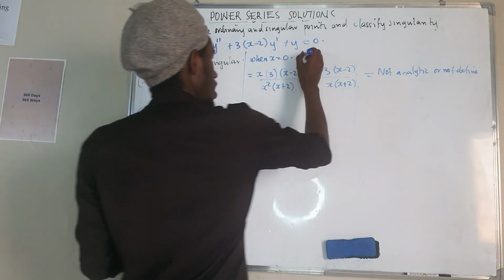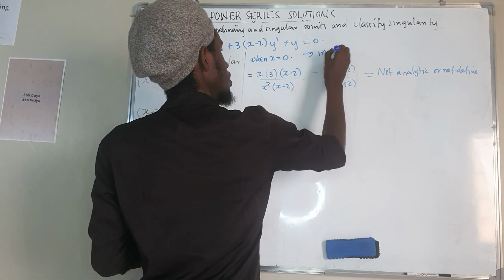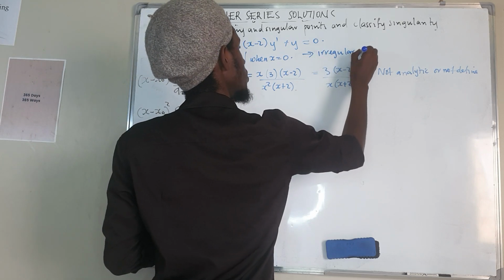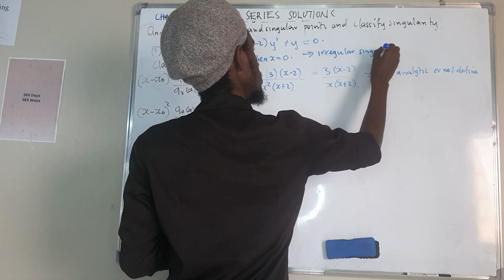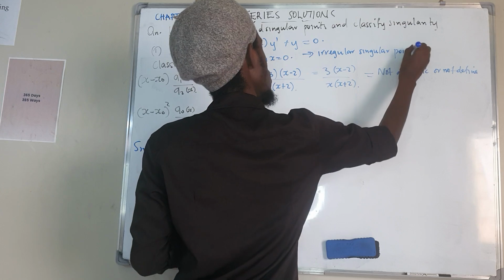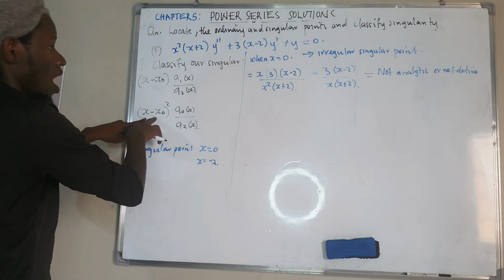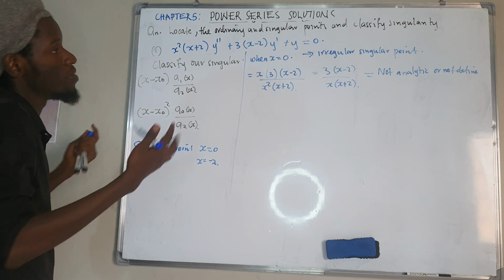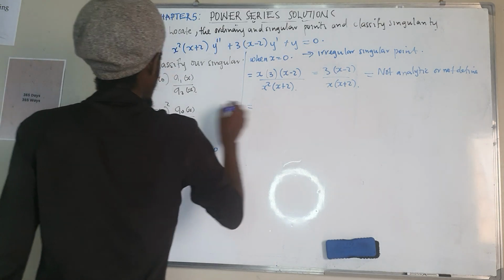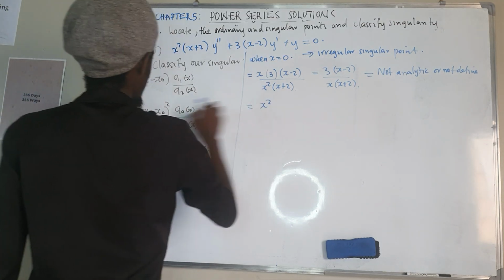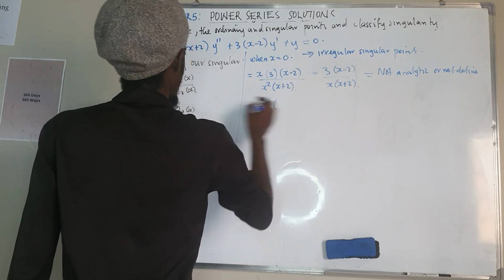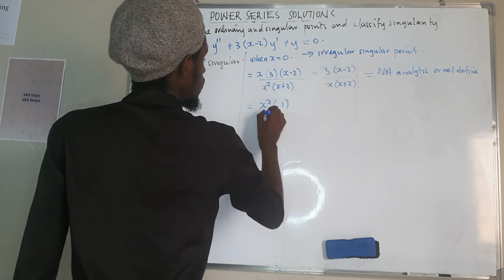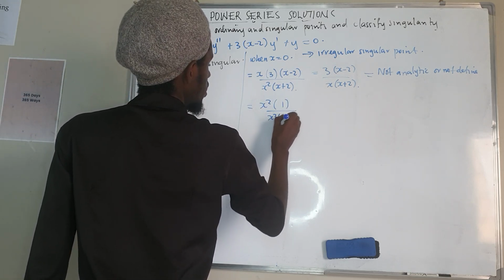This is my irregular singular point. But I can also go ahead and put in x equals 0 for the second function to see how it behaves. When x equals 0, I have x squared, which is squared into a naught, which is 1, out of x squared into x plus 2.